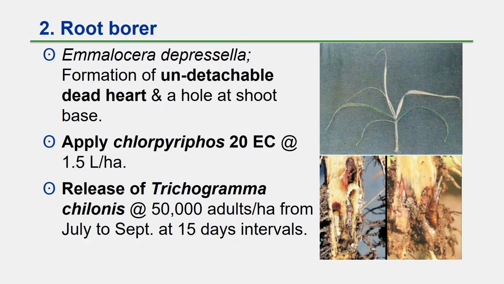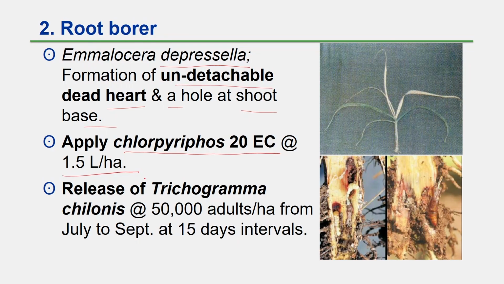Number 2 insect is root borer. Scientific name is Emmalocera depressella. Formation of undetectable dead heart and a hole at shoot base. Apply chlorpyrifos 20 EC at the rate of 1.5 liter per hectare.